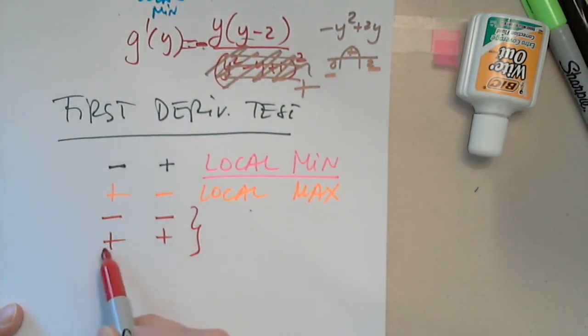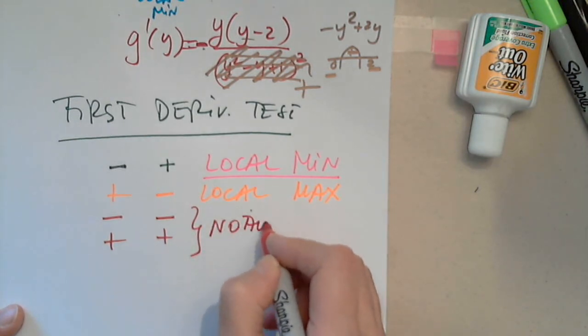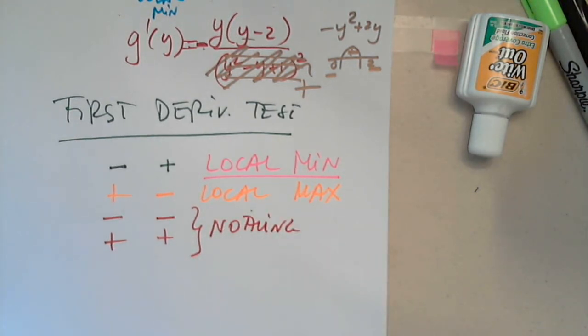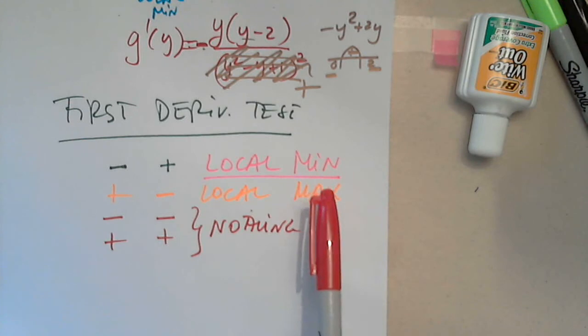If the derivative does not change sign, this is a critical number, even if it comes from f prime being 0 or undefined, but it's not a local max or local min.